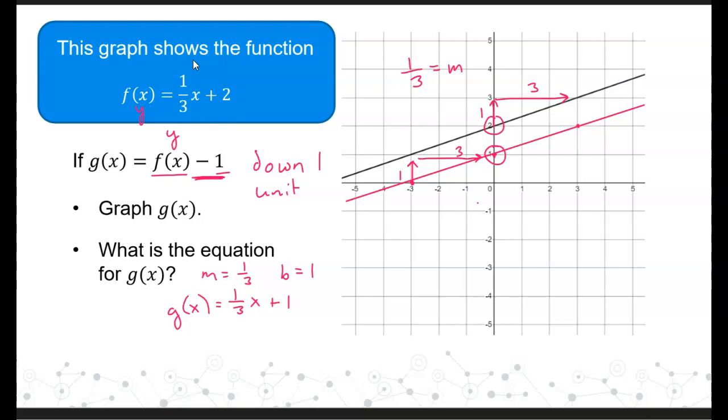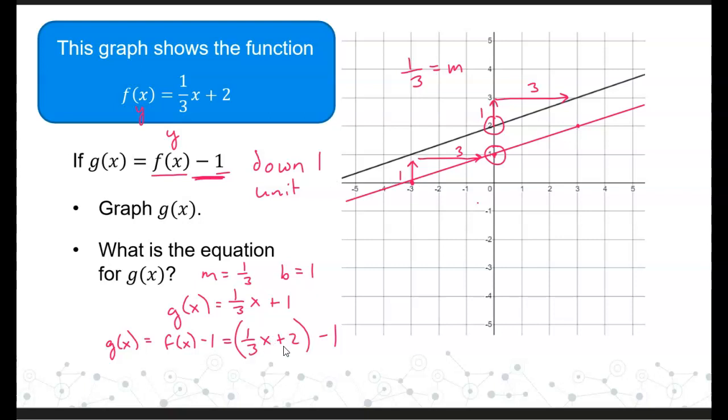So now we're plugging all this stuff in for y. We get g of x equals f of x minus 1. They told us that in the problem. And now we're going to plug in this stuff for f of x. 1/3 x plus 2. That's our f of x. And then we had a minus 1 after it.